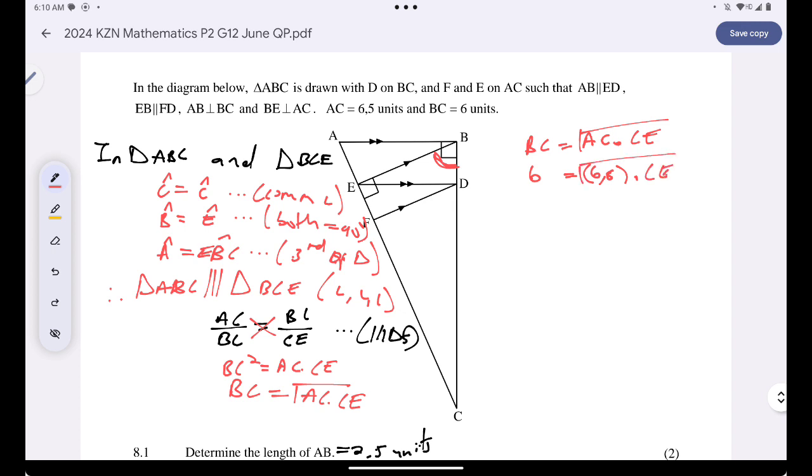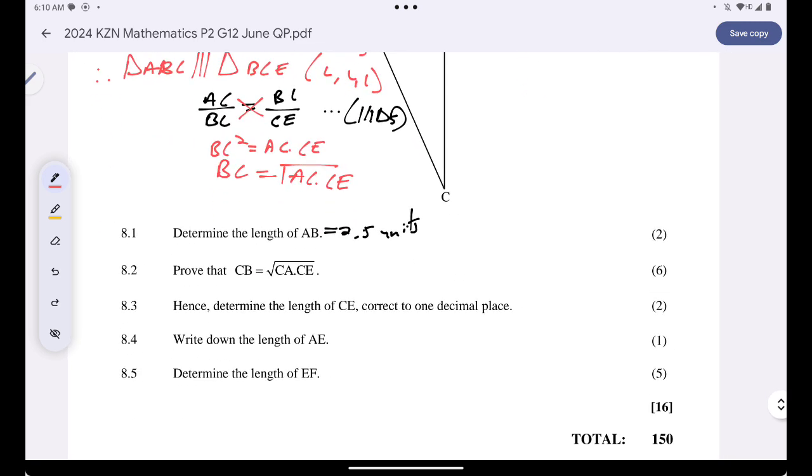So therefore CE will be equal to 36 divided by 6.5, which is 5.54. It's 5.54 units.